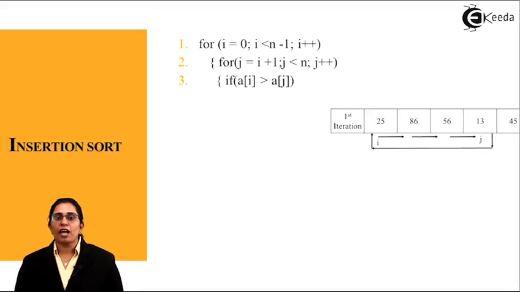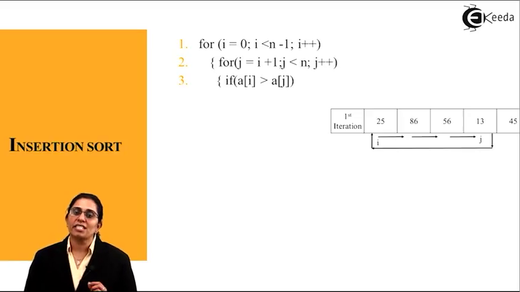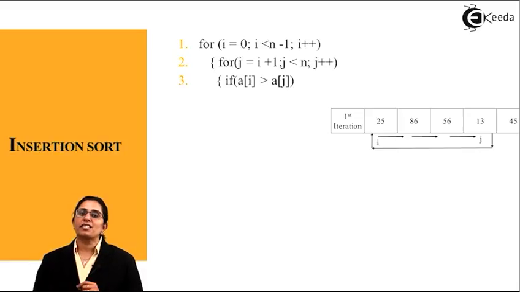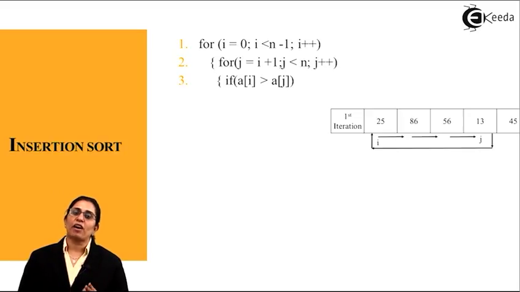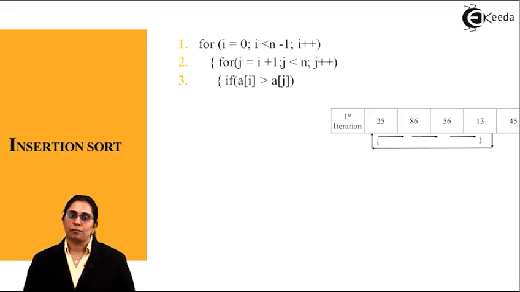If a of I is greater than a of j, that is, a of I is 25, a of j is 86, then we perform the insertion sort. But if we see here, we don't have to perform insertion sort because 25 is less than 86.